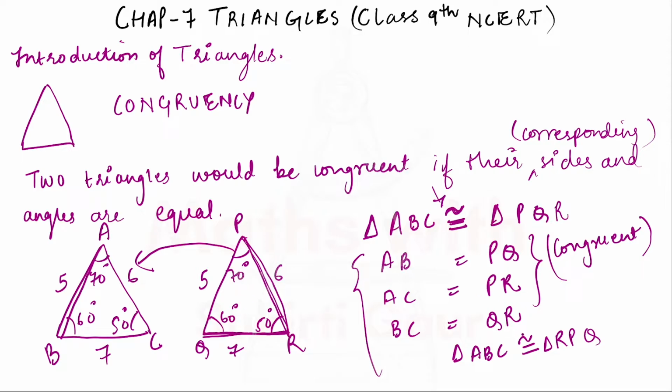You can't name like this. You take its corresponding side and corresponding side at a time. So I write triangle ABC is congruent to PQR. This is correct while this is wrong. I hope you're clear why we have to focus on the naming as well. Okay, let us rub this and move on to further concepts.